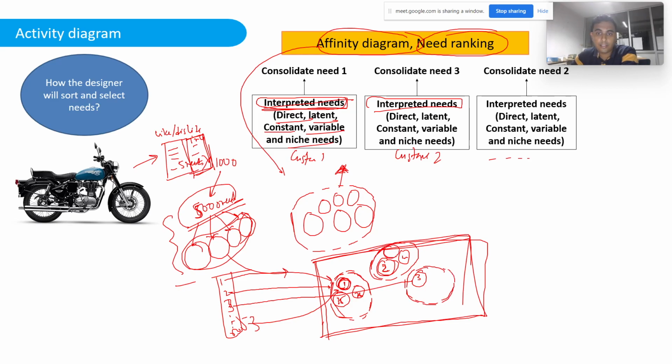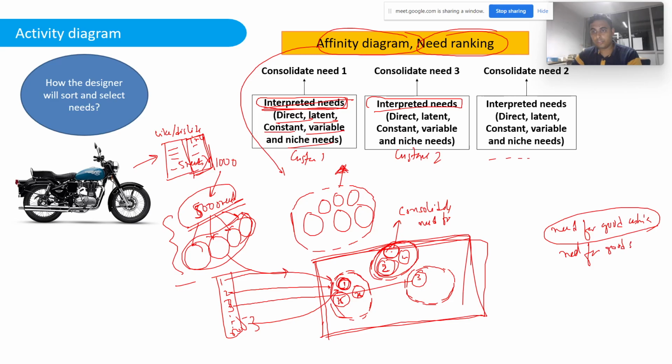And later you need to come up with a consolidated need statement for the pool of needs. For example, one need is a need for a good cushion. Another need can be a need for good shock absorbers.